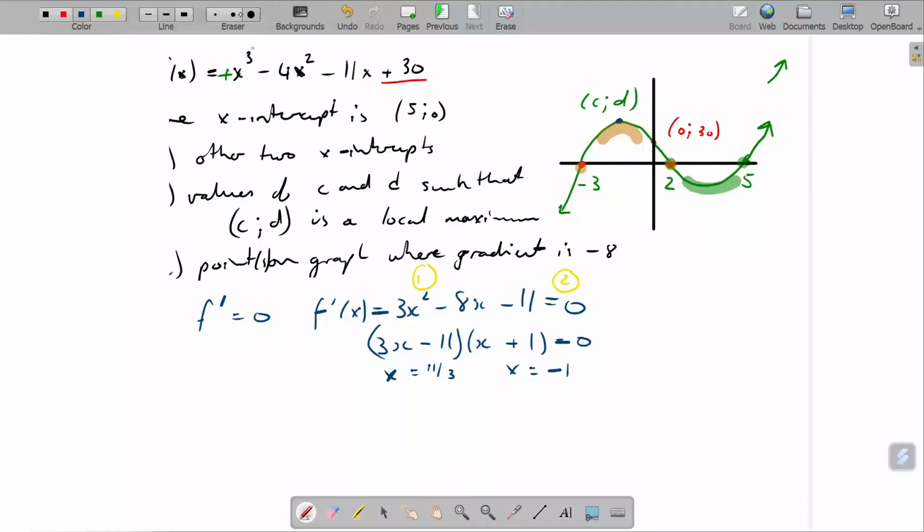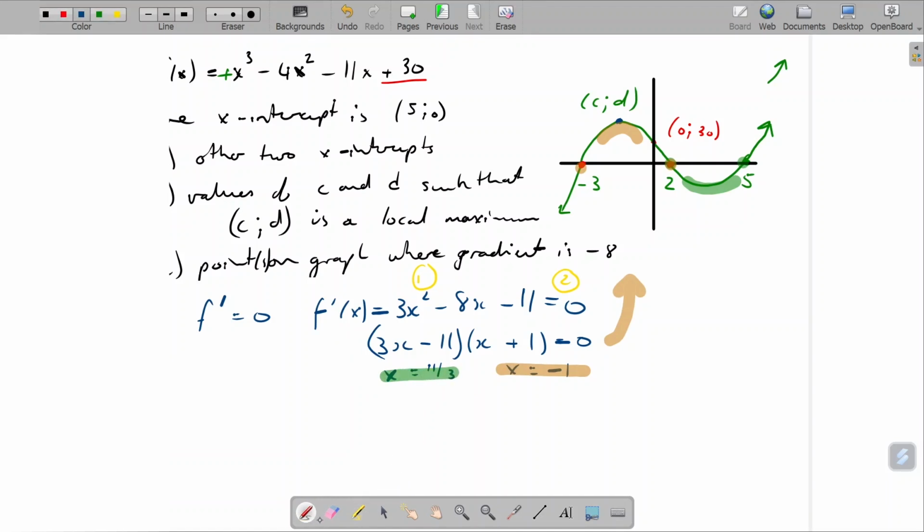Now, our realization earlier that the local maximum is the left-hand value, whereas the local minimum is the right-hand value, should make us realize that this is the value I want for my local maximum, whereas x equals 11 over 3 would be the value for my local minimum, my green value.